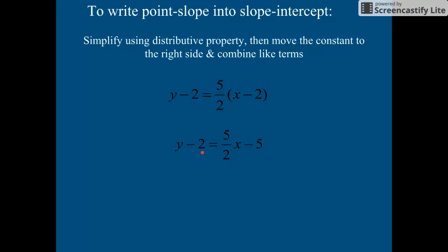It's being subtracted here, but if I take it across, it's going to be added. So y equals 5 over 2x minus 5 plus 2. And then I can just combine negative 5 plus 2, and that's negative 3. So starting with an equation in point-slope form, I can get it into slope-intercept form: y equals 5 over 2x minus 3.